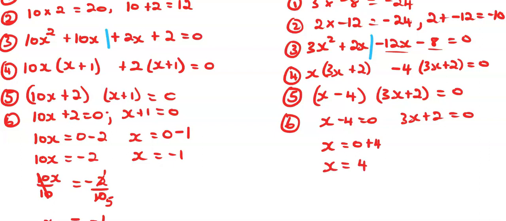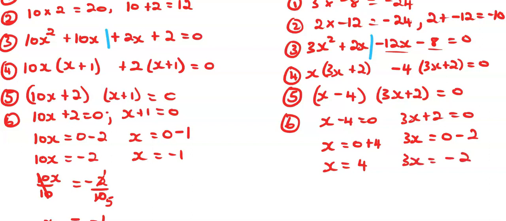On our right side, where we have our 3x plus 2 equals 0, solve that now. So we have 3x is equal to 0 minus 2, or take away 2. That gives us 3x is equal to negative 2.